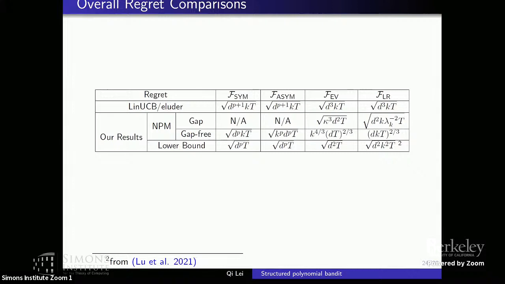And we derived the lower bound. And with our algorithms, we can show that we find the optimal dependence on d, although for the quadratic case, it depends on the eigenvectors. Okay, this is our main result.